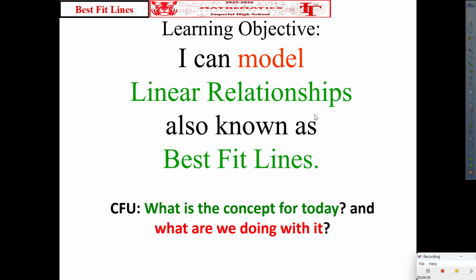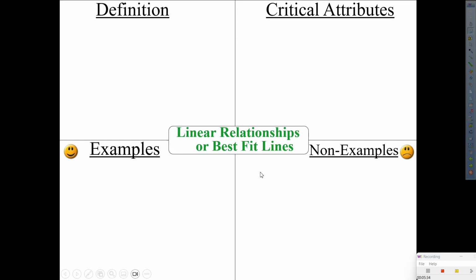All right, so with that said, where does this green stuff go in our Frayer model? It goes in the center. Write it in the center, please. Linear relationships or best fit lines. What are they, Mr. Q? Definition in blue.